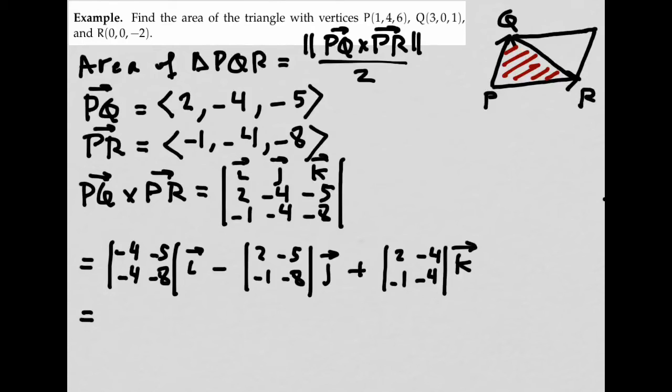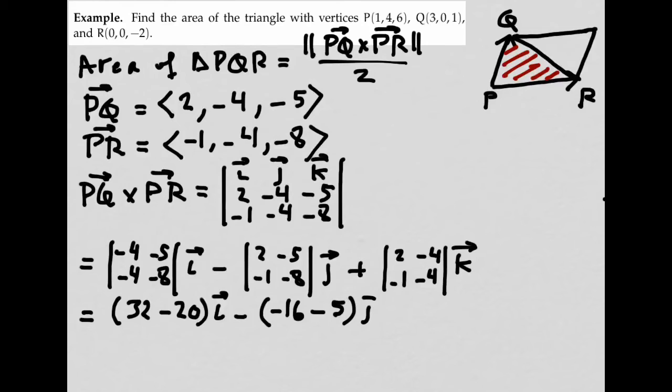That's equal to minus 4 times minus 8, which is 32, minus 5 times minus 4, which is plus 20, all multiplied by the vector I, minus 2 times minus 8, which is minus 16, minus 5 times minus 1, which is plus 5.